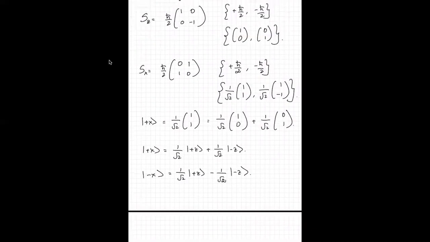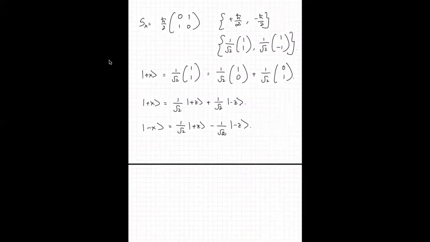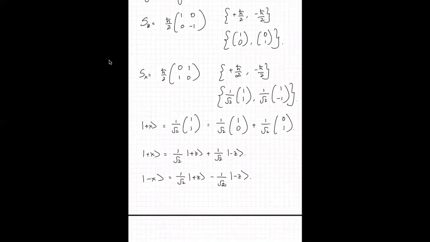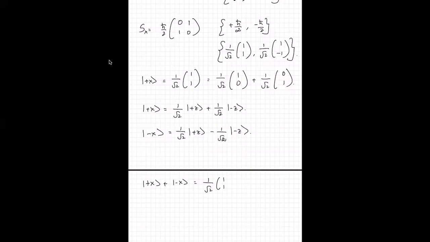Okay. Now I can invert these expressions and write what plus z is in terms of plus x and minus x, or I can simply look at this. If I add plus x and minus x, what do I get? Plus x plus minus x is 1 over root 2 times (1, 1) plus 1 over root 2 times (1, -1), which is basically 1 over root 2 times (2, 0), which is root 2 times (1, 0).